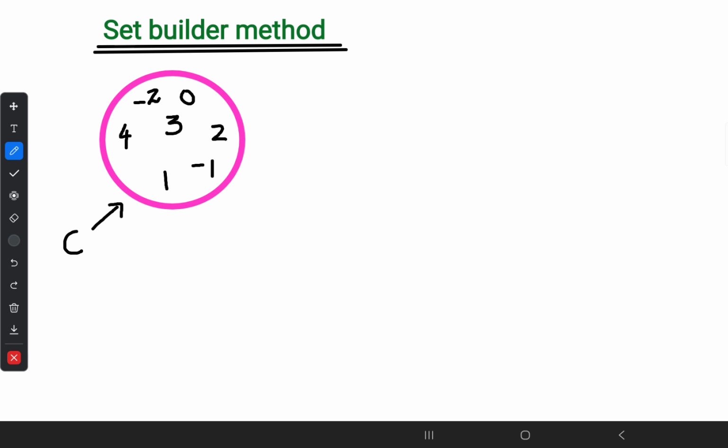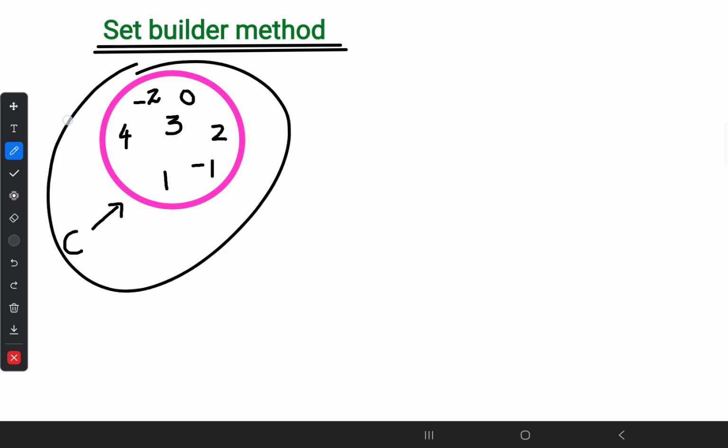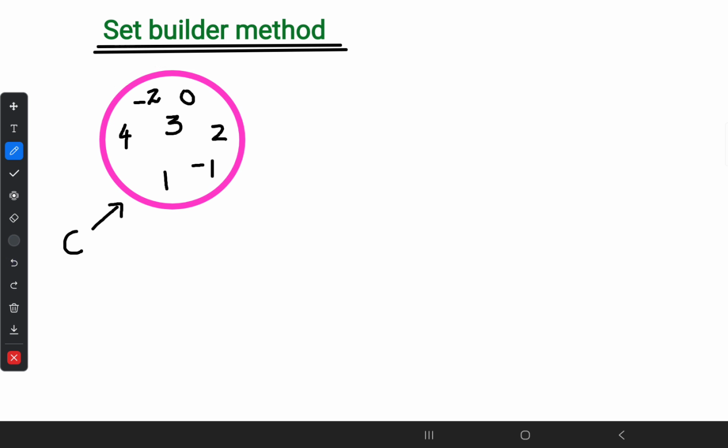There are many methods to denote a set. First is the descriptive method. The statement will be given, so you should use the statement to find the solution. In the other case, the element form, the solutions will be given and you should predict the question. And now the Venn diagram method. This is also a representational feature. This circle is denoting the universal set, and inside we have the elements.